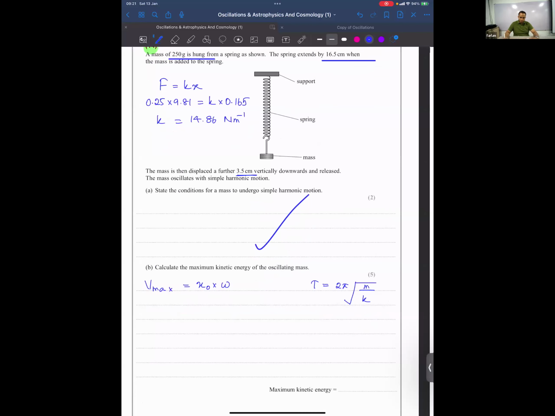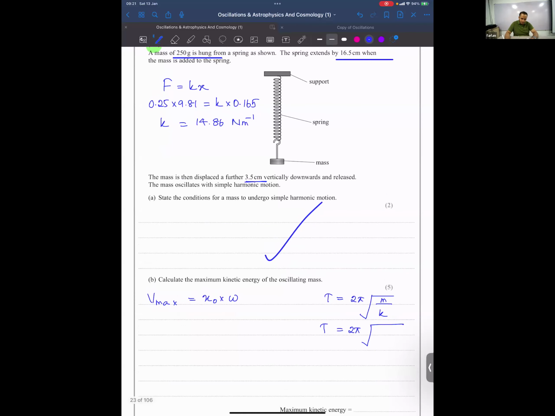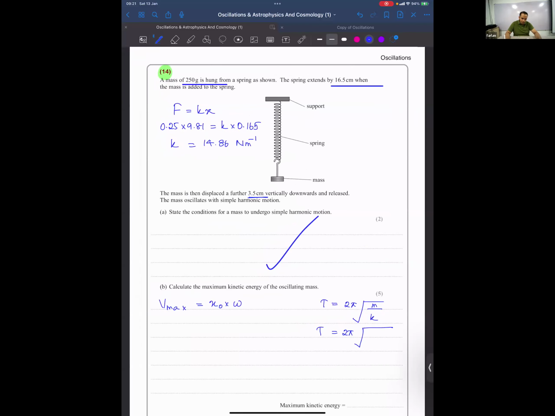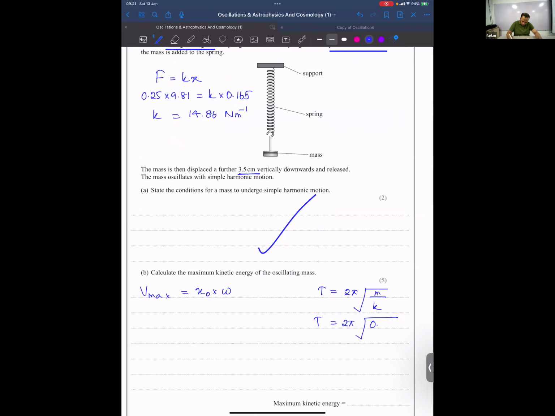So I'll bring that k and put it here to find the time period. Time period will be 2 pi square root of, what is the mass hanging? 250 grams, which is again 0.25, over the k, which is 14.86.